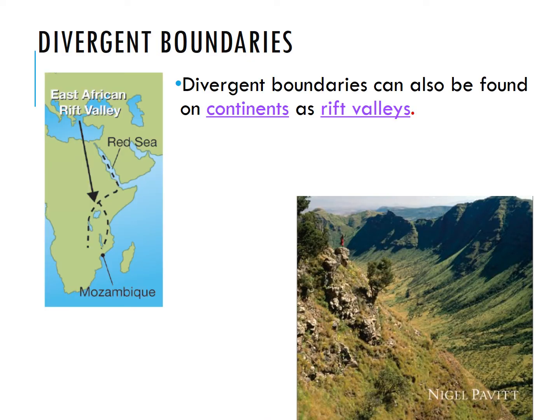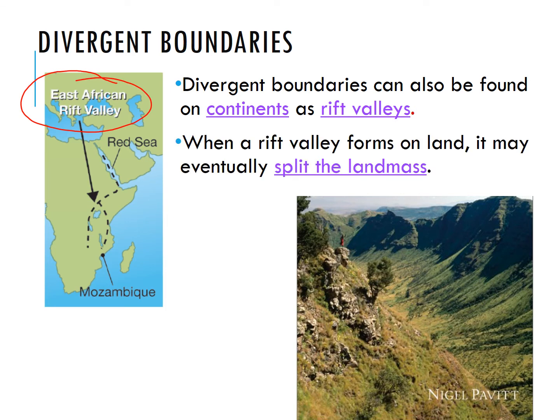So divergent boundaries that are found on continents are rift valleys, and we have that happening in Eastern Africa at the East African Rift Valley. And when a rift valley forms on land, it will eventually split the landmass apart. So millions of years from now, these are going to be separated.